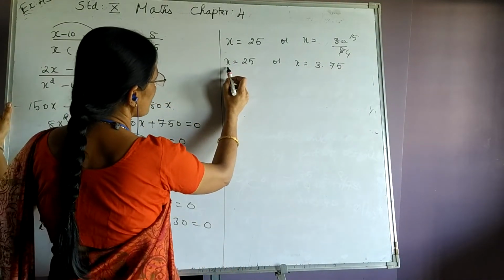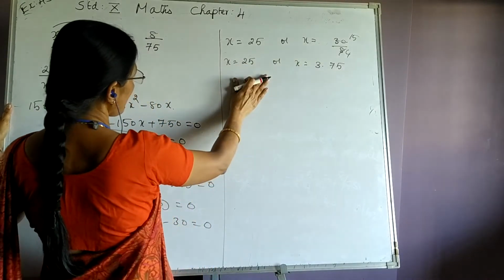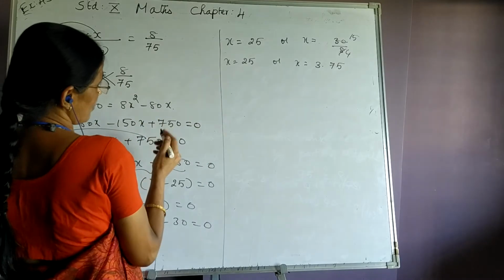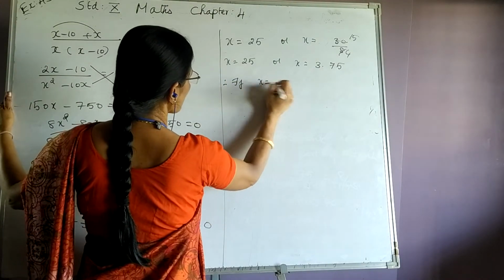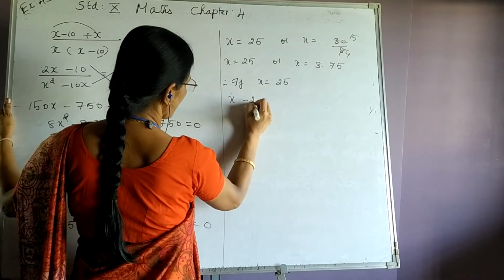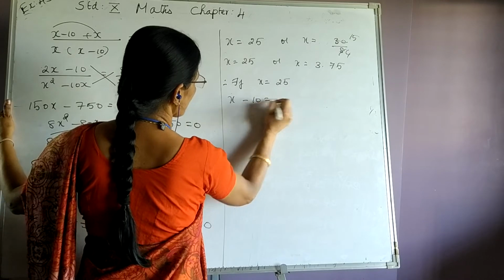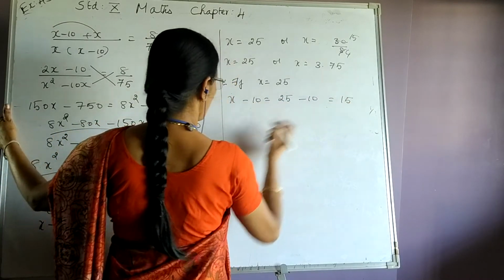x is the time taken by the smaller tap. We got two values for the smaller tap. Now the corresponding time of the larger tap should be found. Therefore, if x equal to 25, what is the time taken by the larger tap? It is x minus 10. Therefore, 25 minus 10, which is equal to 15.